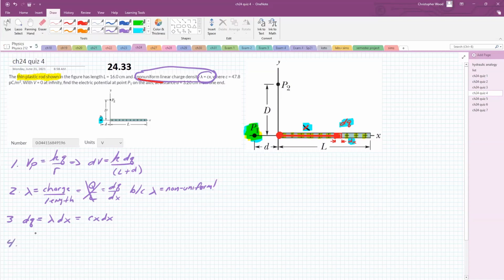So maybe this isn't such a big deal, but I'm going to update number 1. Here's update number 1. I have that the voltage that Probert feels due to that little teeny tiny dq is equal to K times dq, cx dx, all over L plus D. And I guess that's it.